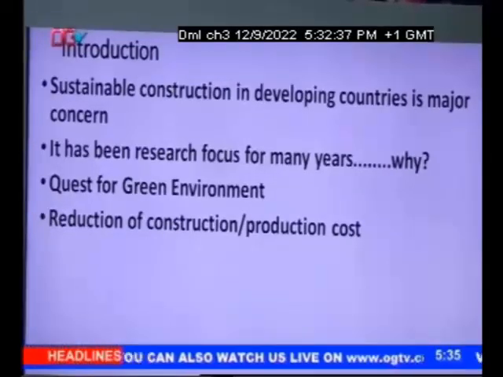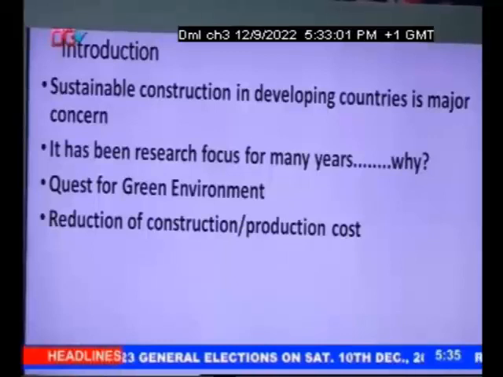However, all over the world, people are now agitating for sustainable construction, and in the advanced countries, they are well advanced in terms of research on how to incorporate waste into construction. But for us in developing countries, we are just scratching the surface.